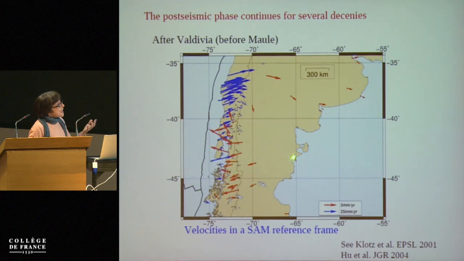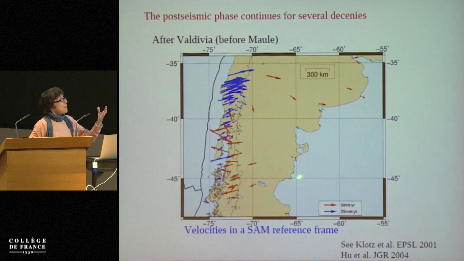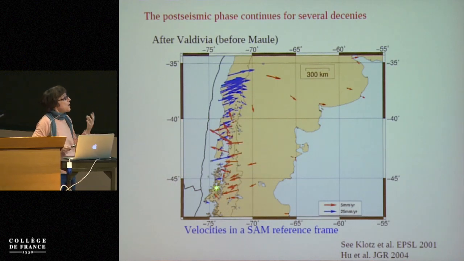And what you see is that 40 years later, you keep on having big velocity perturbations. So these velocity perturbations, due to an earthquake, last for a very long time.